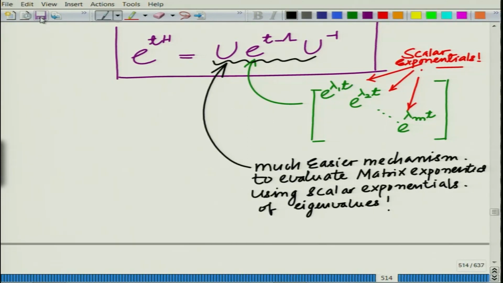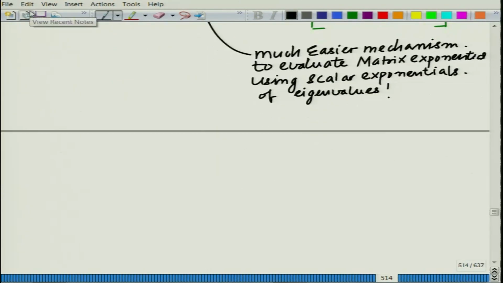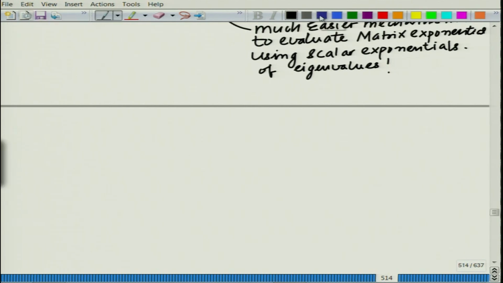So, this is a very interesting expression. Now, let us look at this further. We have already seen H U equal to U times lambda, where U is the matrix of eigenvectors.